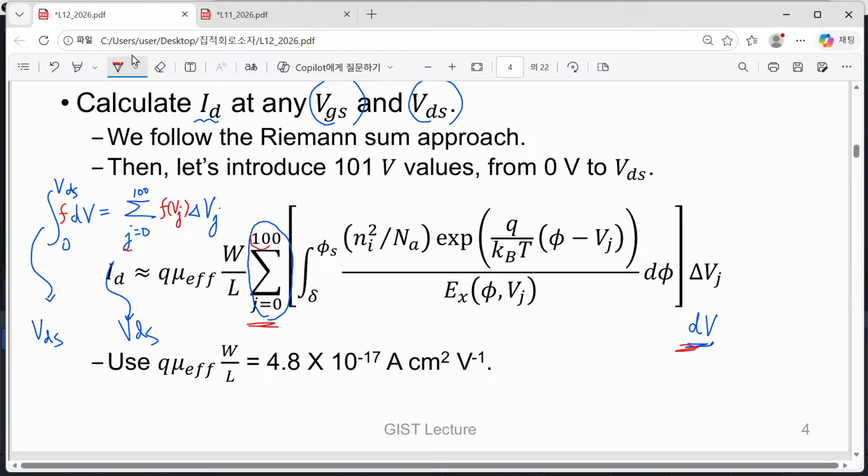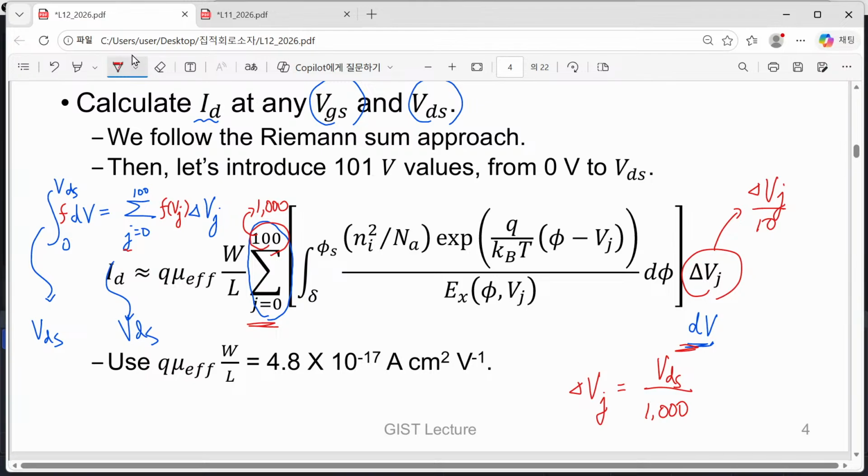Of course, if we increase this upper index to, for example, 1000 instead of 100, then what will happen to this delta Vj? Then we will have almost 10 times smaller delta Vj. So delta Vj is approximately just VDS divided by 1000 or 100.